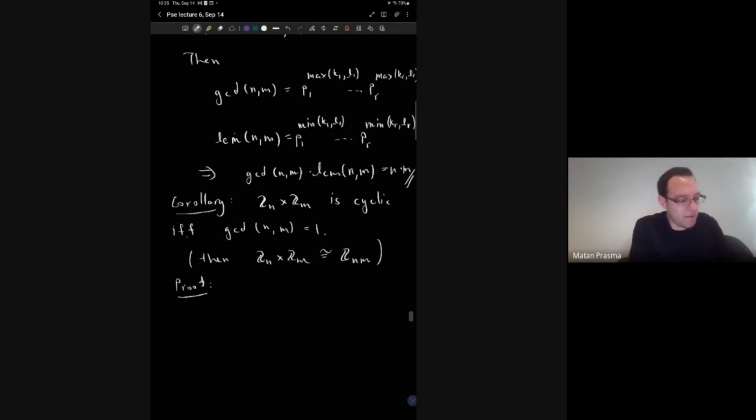So we have an if and only if here, right? So let's start with the direction of GCD of n and m equals 1.